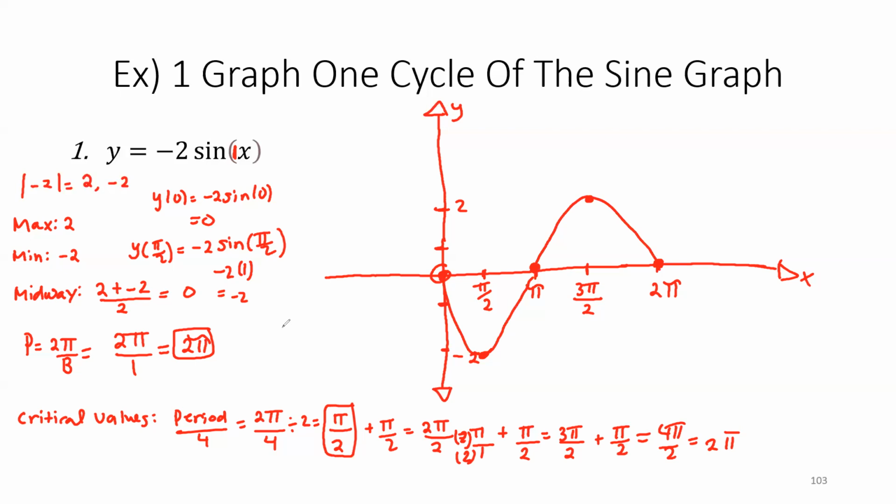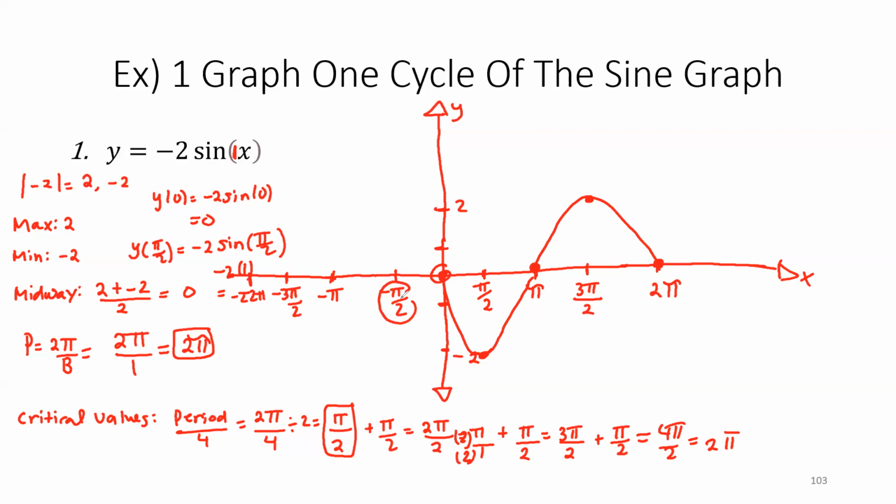If you want to graph 2 cycles, since you already found your 4 critical values, this could be -pi over 2, -pi, -3 pi over 2, and -2 pi. If you're not sure, just plug it in.